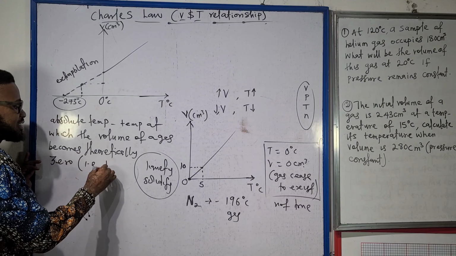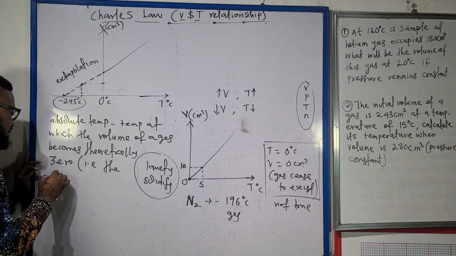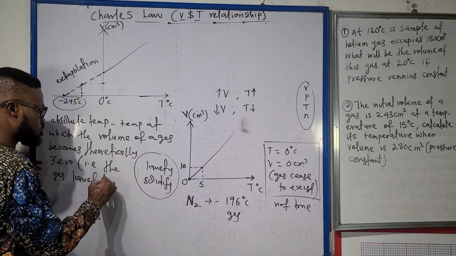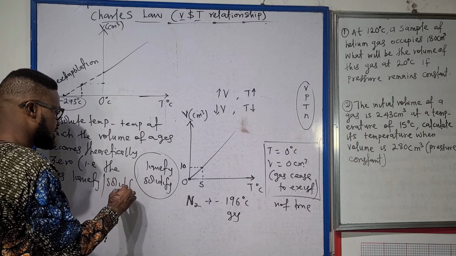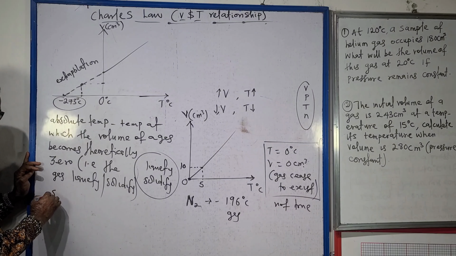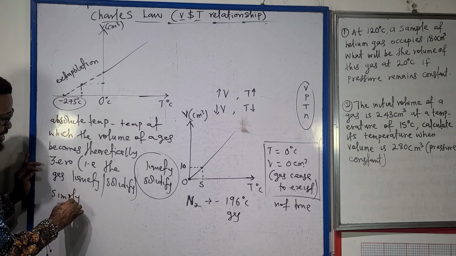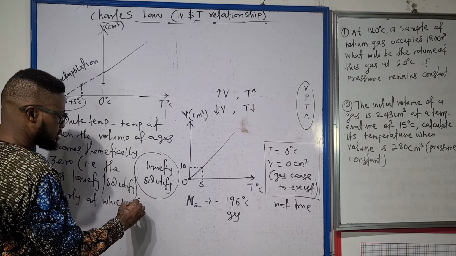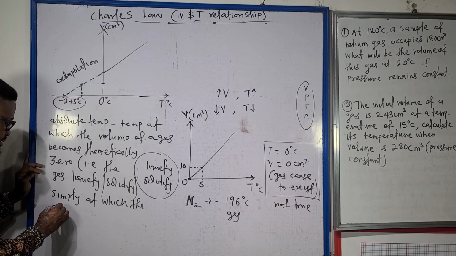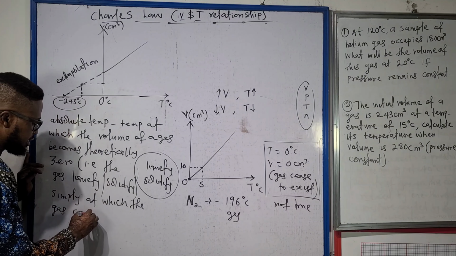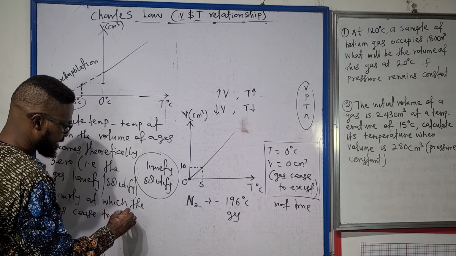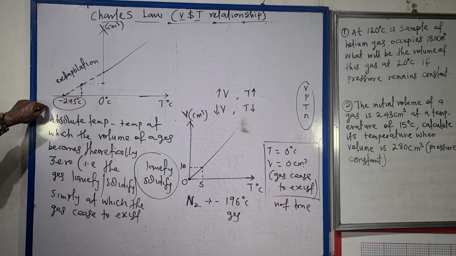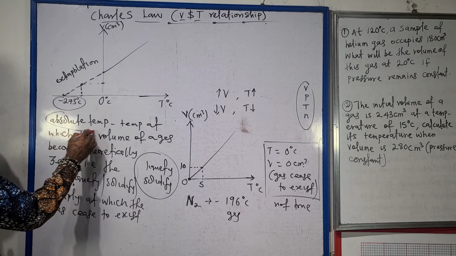That is, the gas liquefies or solidifies, or simply, it is the temperature at which the gas ceases to exist. So it's at minus 273 degrees Celsius, and that is what we call our absolute temperature.